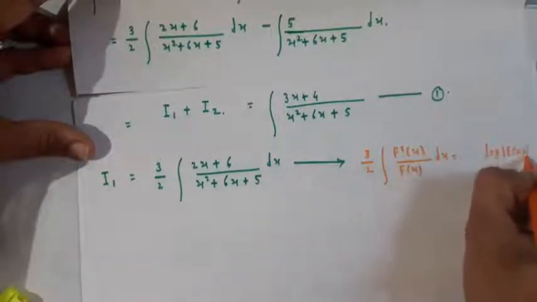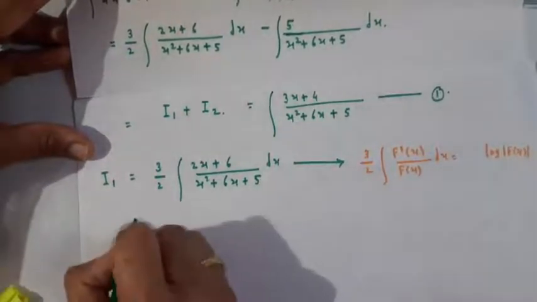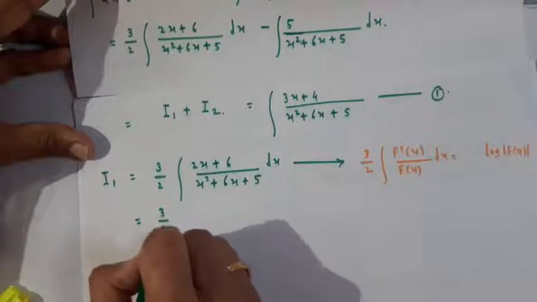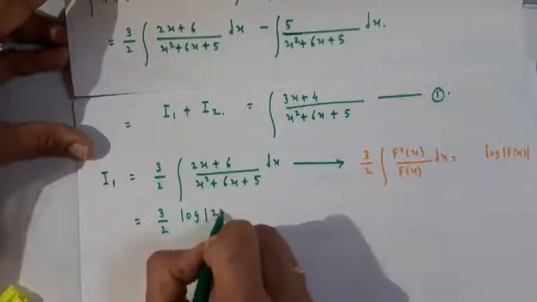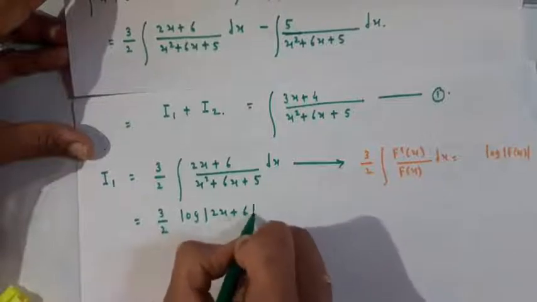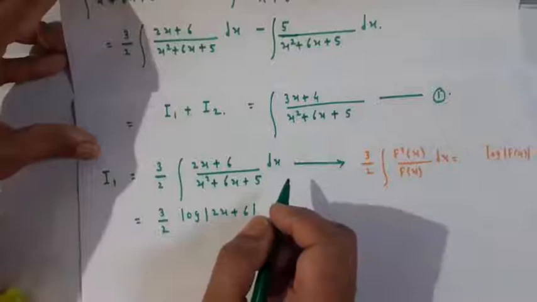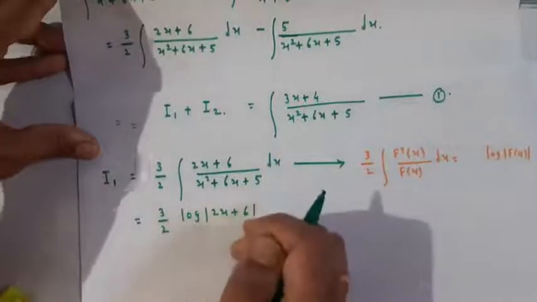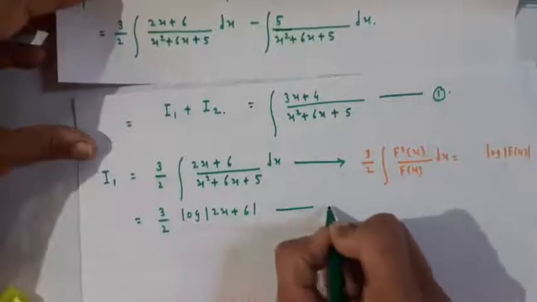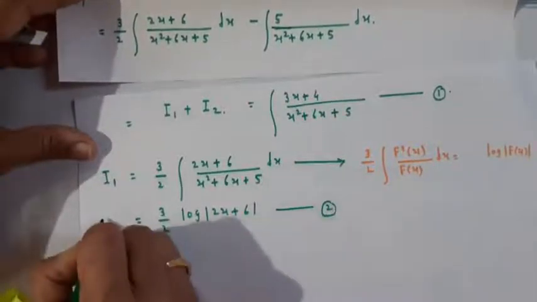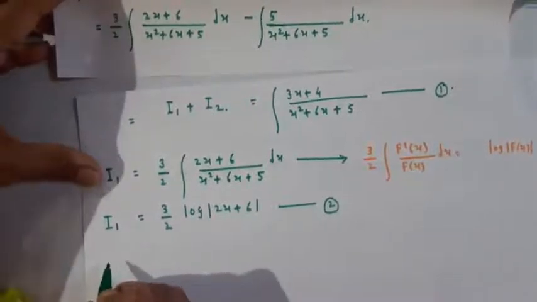Hence this is 3 by 2 log of f of x, which means 2x plus 6. This is the integration of the first term. Suppose this is I1 equal to.